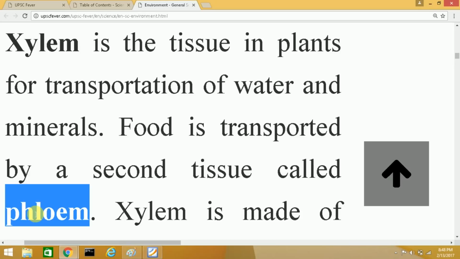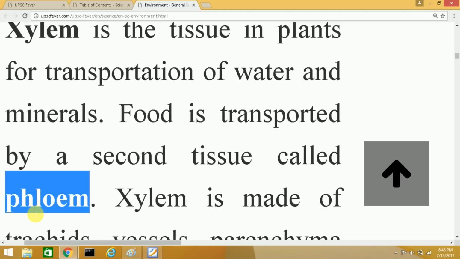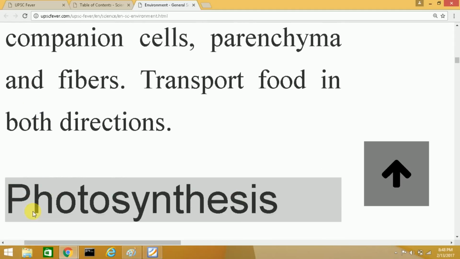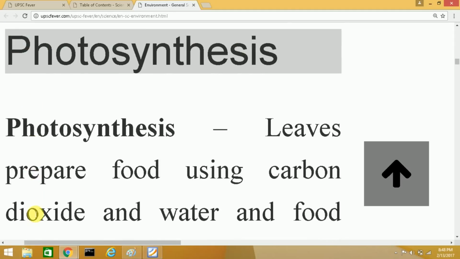Next is the process of photosynthesis. As you might already know, it is the process by which leaves prepare food. Carbon dioxide is essential as well as sunlight, and using this and water, food is produced in the form of starch.